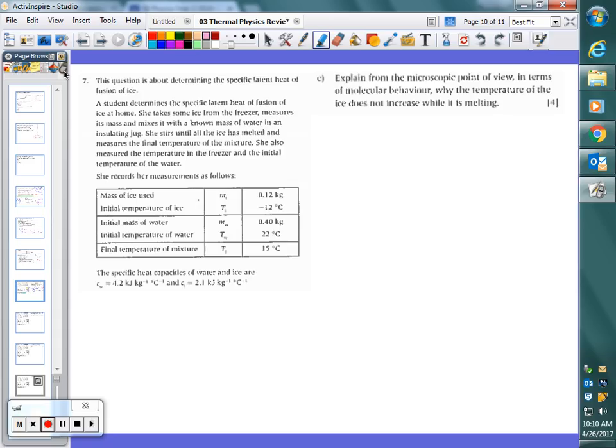So you're increasing the kinetic energy because those molecules are vibrating more as you heat up the block of ice. Does that make sense? Yeah. But they're still in their fixed positions. To get them out of their fixed positions, you have to separate them against the intermolecular forces that are holding them in place. Does that make sense?